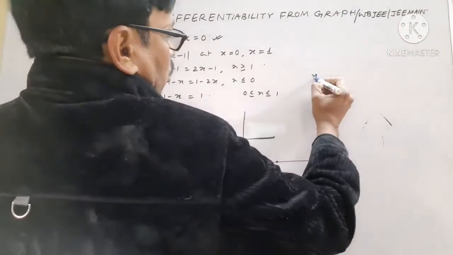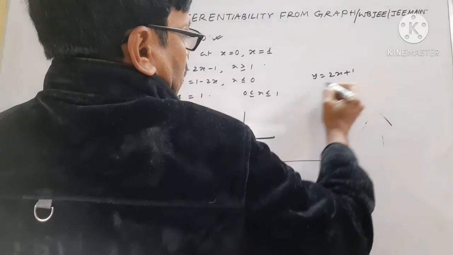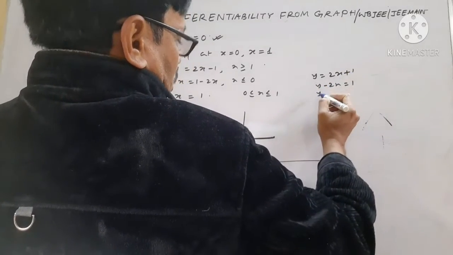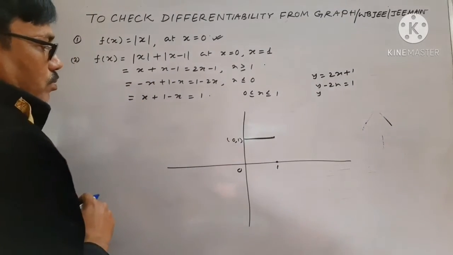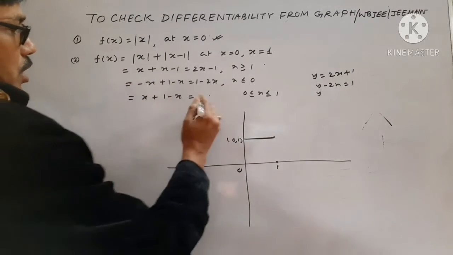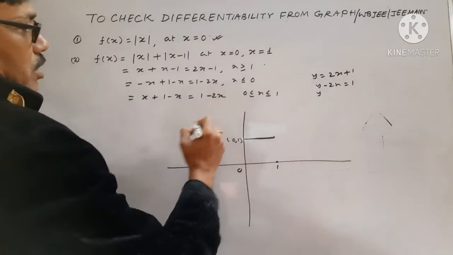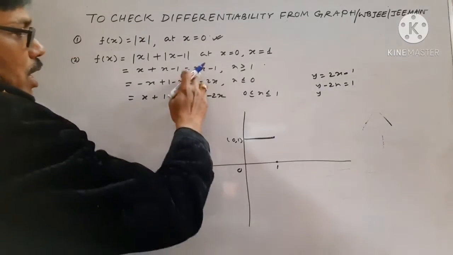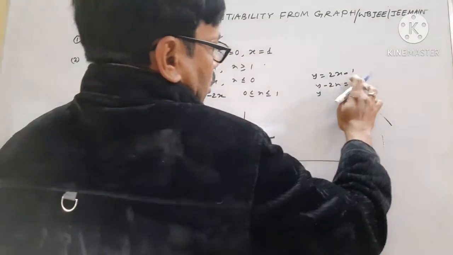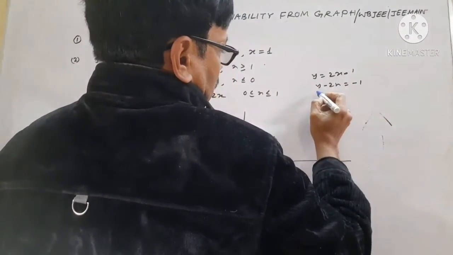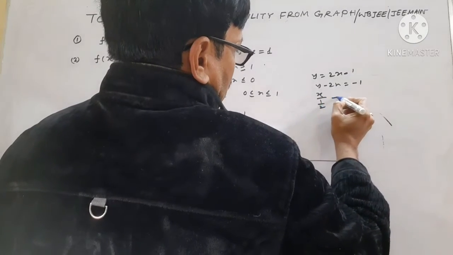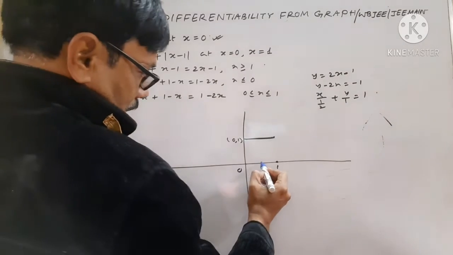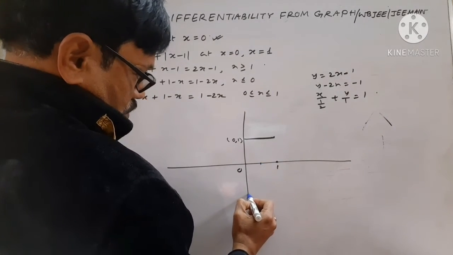For x greater than 1, y equals 2x minus 1, so y minus 2x equals minus 1, that is x by half, y by minus 1 equals 1.